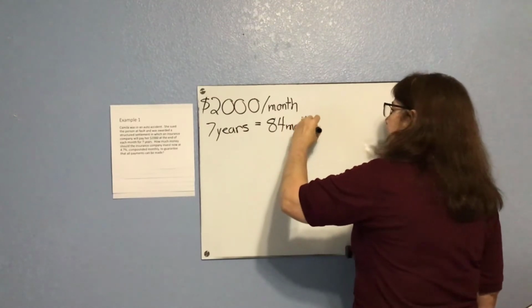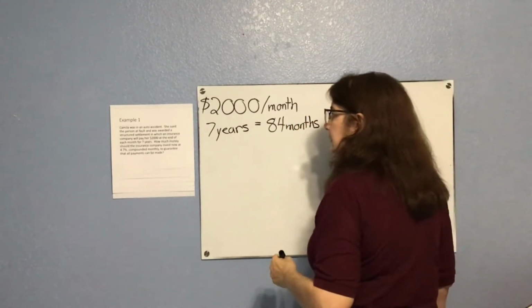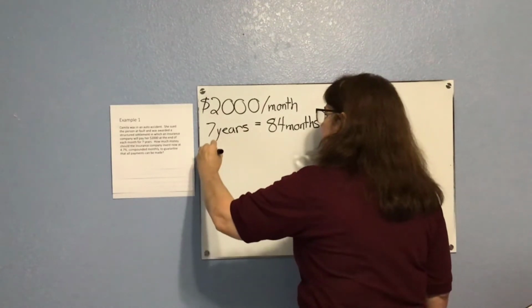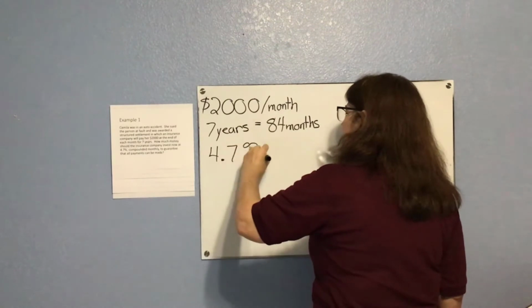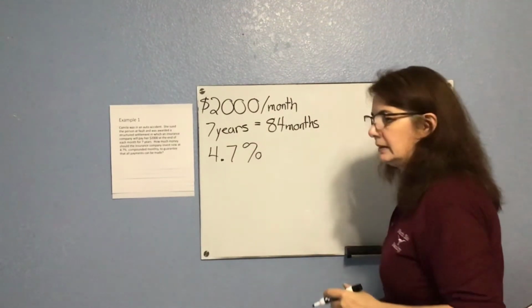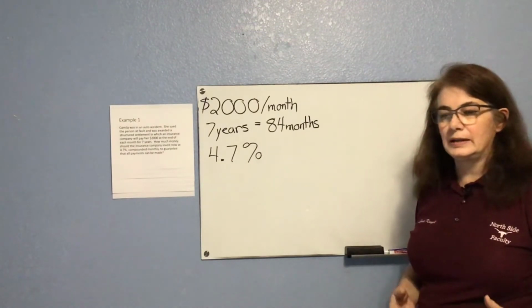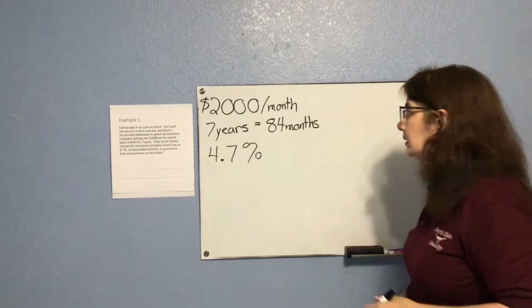So they're going to have to make 84 payments. And they can make 4.7% compounded monthly. So how much money do they need to set aside so that they can make all these 84 payments?